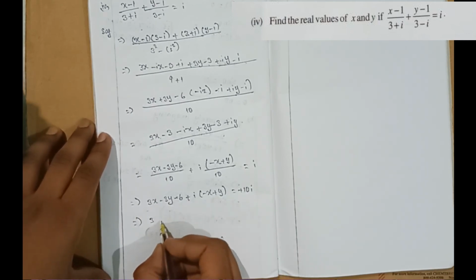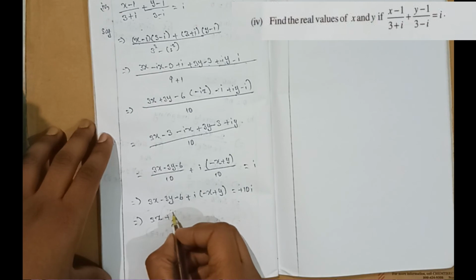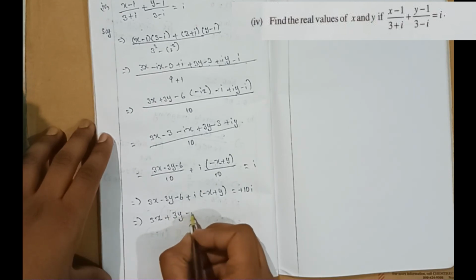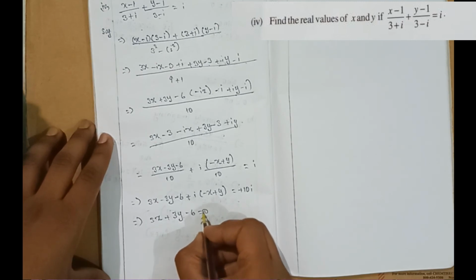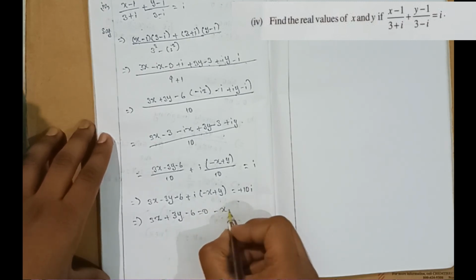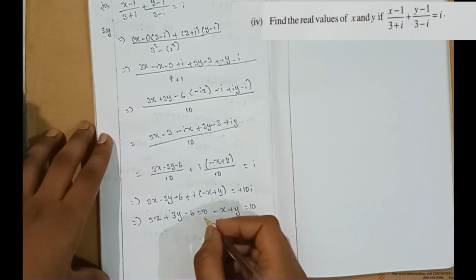Now if we do this, 3x plus 3y minus 6 equal to 0 and minus x plus y equal to 10.